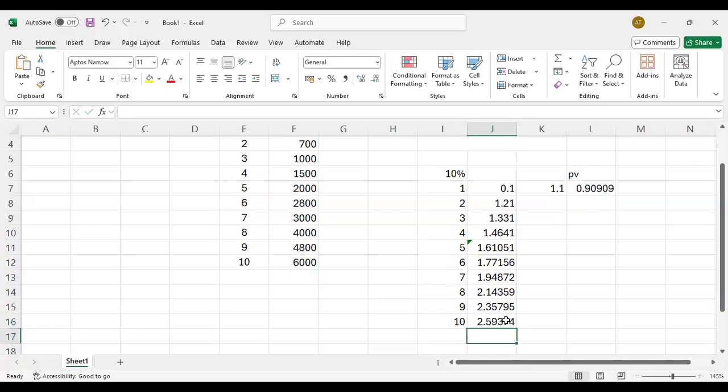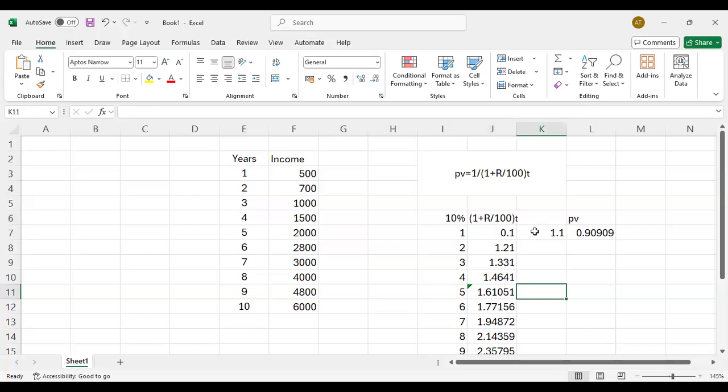So this value is nothing but 1 plus R divided by 100, and power is T. So I have this value.